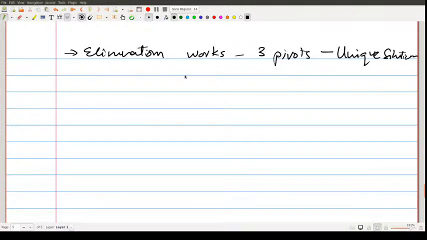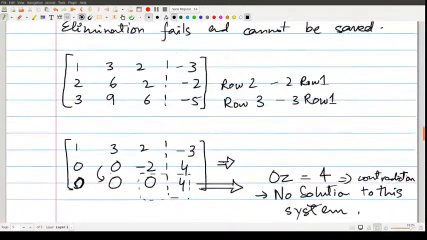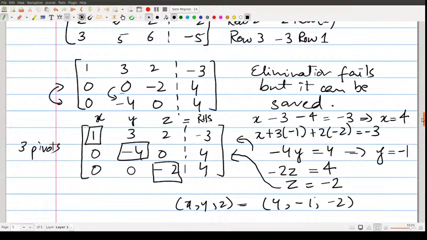We got only one solution to that problem. In the second case, elimination failed and we got only one pivot. How many pivots did we get in the second case? So elimination failed, but in that case elimination could be saved.